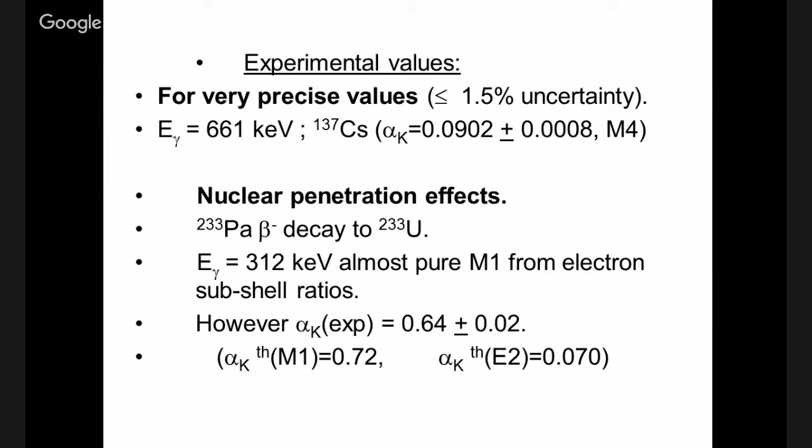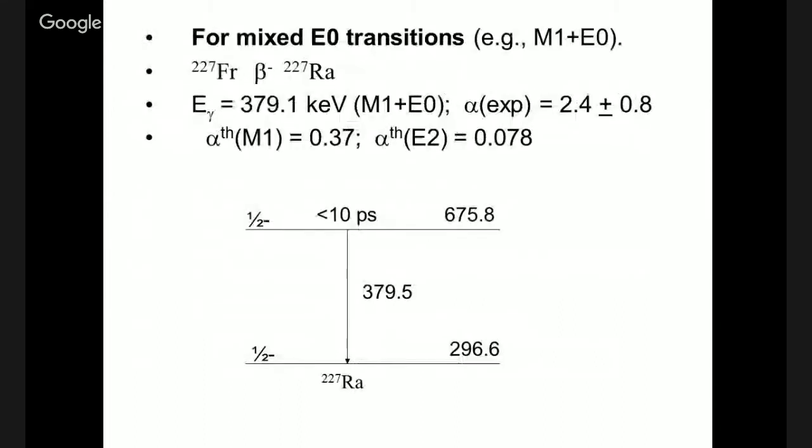You need a more complicated theory, one that includes penetration effects of the atomic wave functions into the nucleus. That's the case of protactinium-233 beta minus decay to uranium-233. For instance, the experimental value is 0.64, and the theoretical values are completely different. There are worse cases than that.